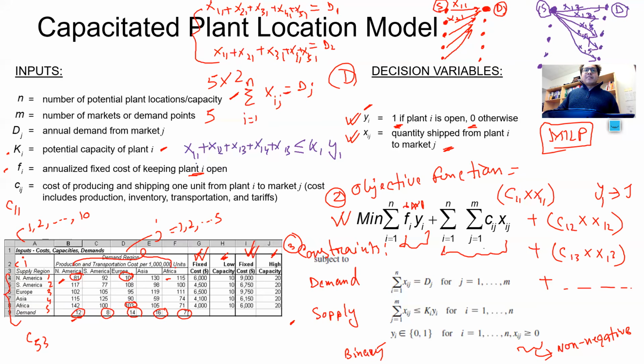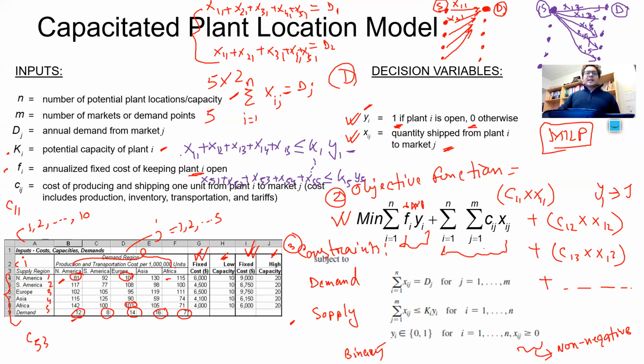Similarly, we can write 5 equations for K1, 2, 3, 4, 5. For example, the equation for the 5th one would be x51 plus x52 plus x53 plus x54 plus x55 should be less than or equal to K5 times Y5.